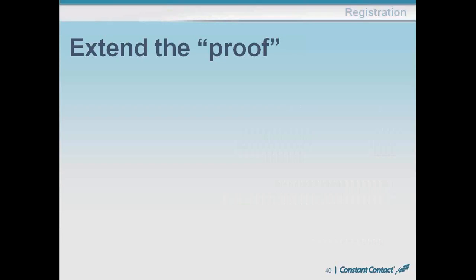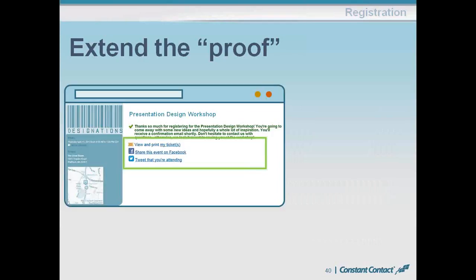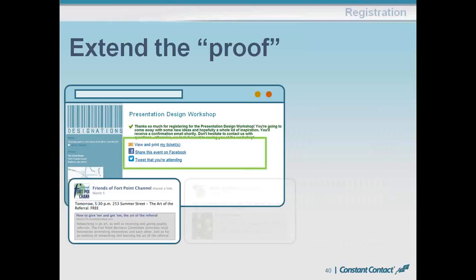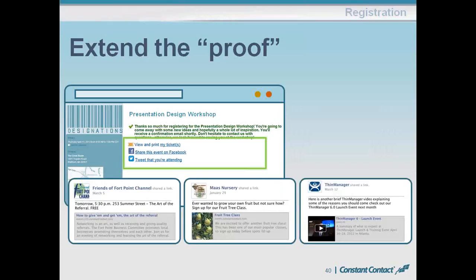You can also extend how the social proof can work for you. So give the registrants an option to share their registration and a link to the event through other social networks. So you should also leverage your own social media channels to try to generate that proof by posting the event on Facebook, as these businesses did.